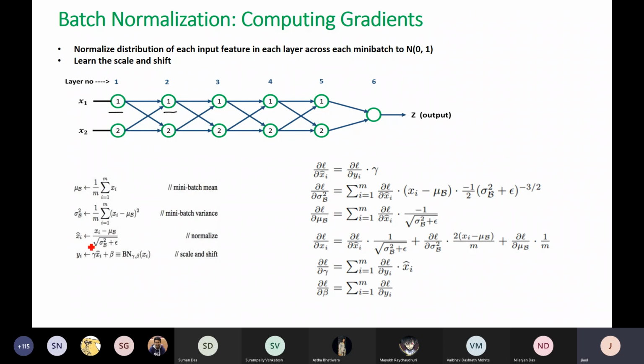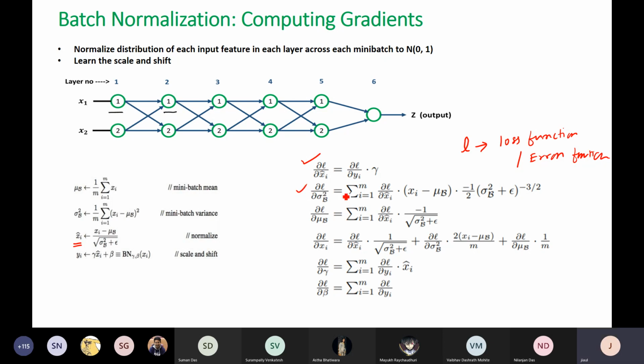Remember that the x cap here depends on the activation values. Here L denotes the loss function, loss or error function. So this one is the partial derivative of the loss with respect to this x cap.